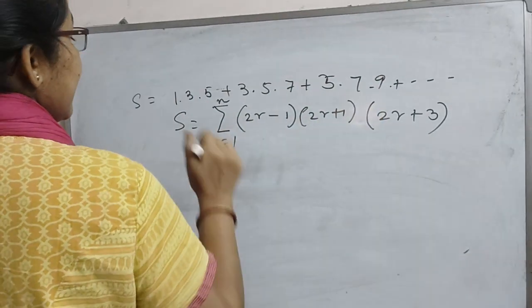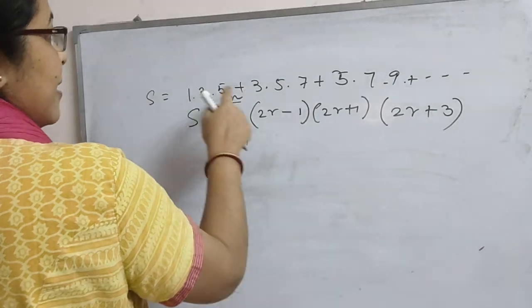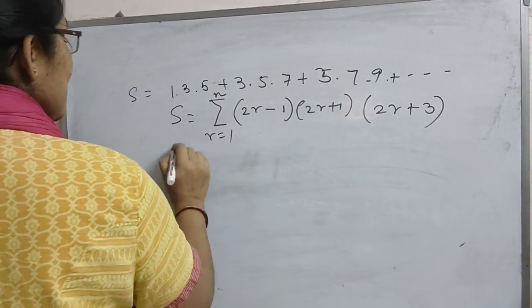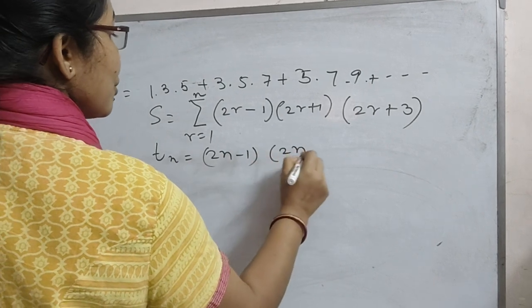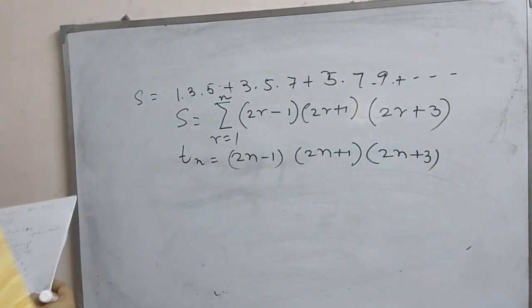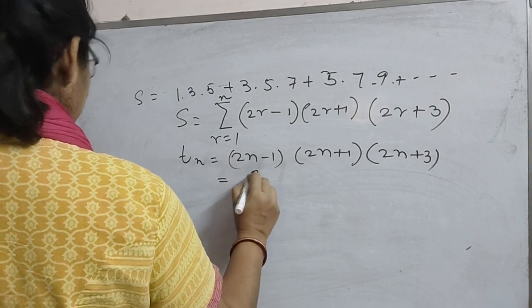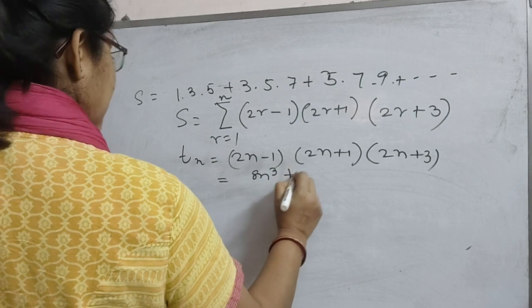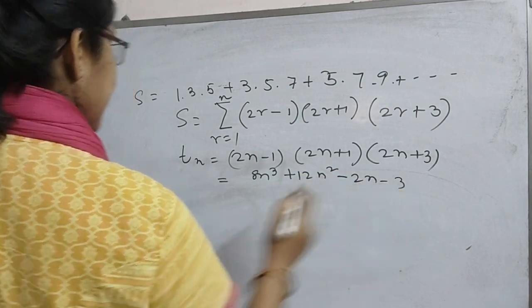If I put r equal to 1, I will get 1, 3, 5. So Tn equal to 2n minus 1, 2n plus 1 and 2n plus 3. After multiplication, this will be 8n cube plus 12n square minus 2n minus 3.